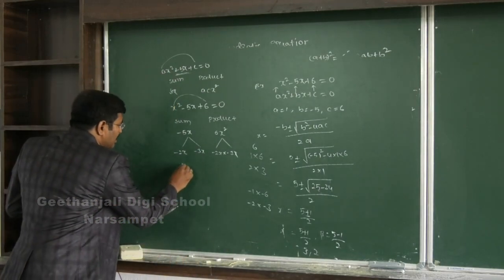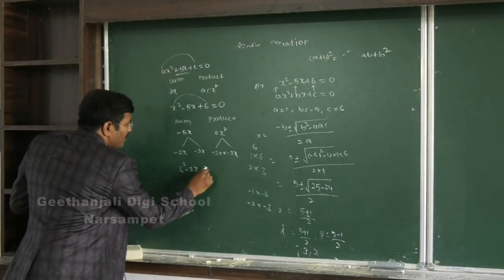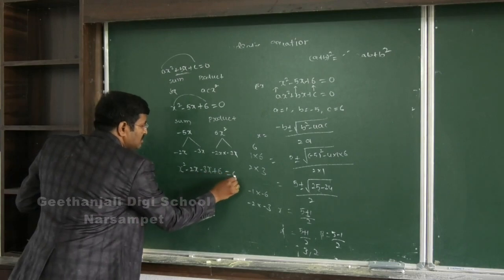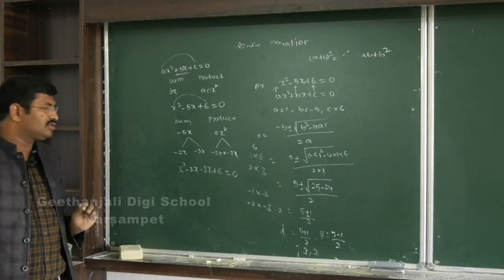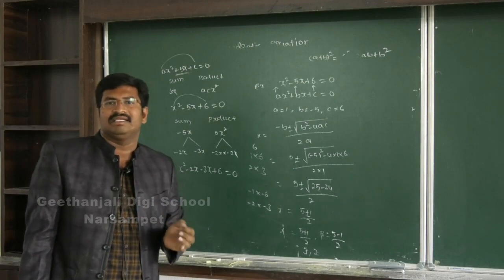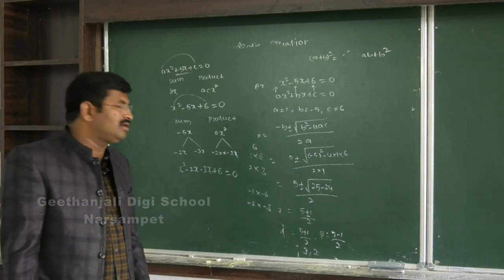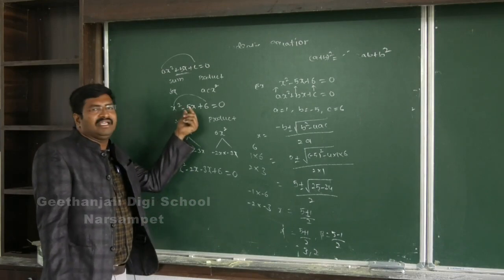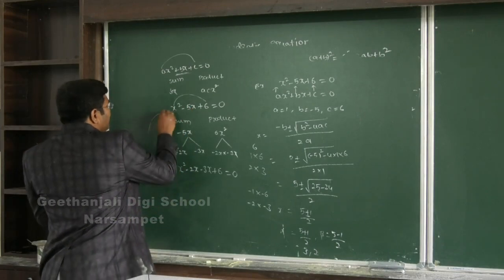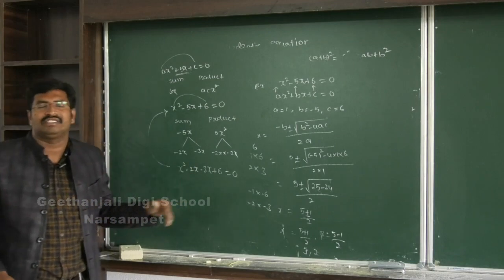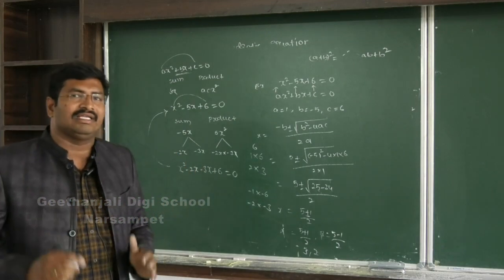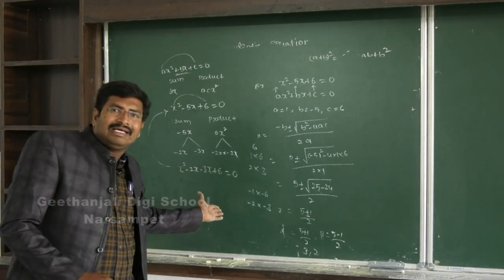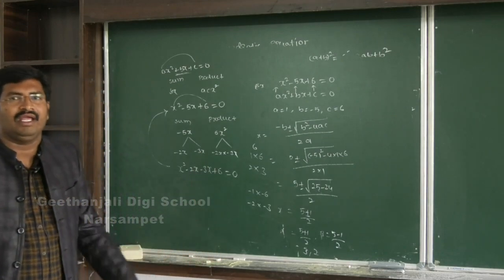Then x square minus 2x minus 3x plus 6 is equal to 0. If you add these two terms, minus 2x minus 3x, you get minus 5x, and you get the same previous equation on simplifying. In that way you can check whether you expanded in the proper way or not.